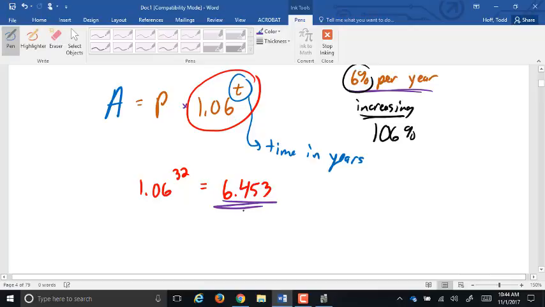So what that's telling us is after 32 years, what Joan has is 6.453 times as much money as what she started with. So 6.453 as a percent is 645.3% of the amount of money she started with. That's a pretty decent return.